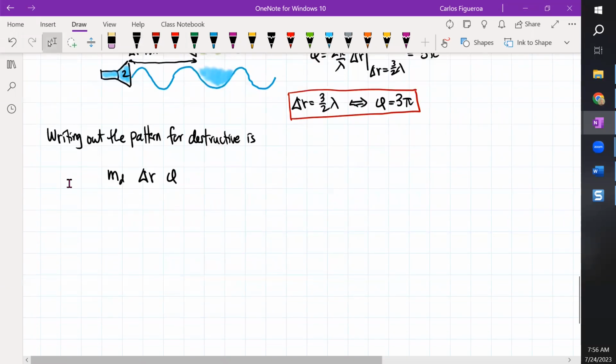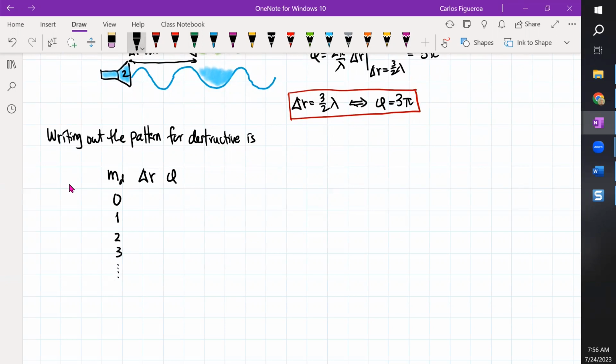Here you can see this is going to be 0, 1, 2, 3. And then the path difference is half a wave, 3/2 of a wave, 5/2 of a wave, 7/2 of a wave. Look at the odd multiples of half wavelengths. And then the phase will be pi, 3 pi, 5 pi, 7 pi.